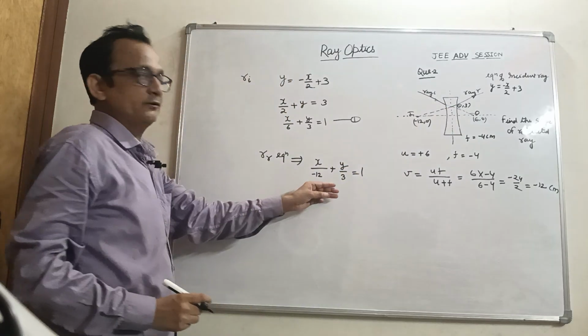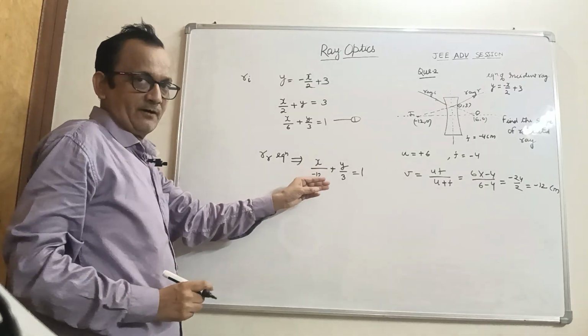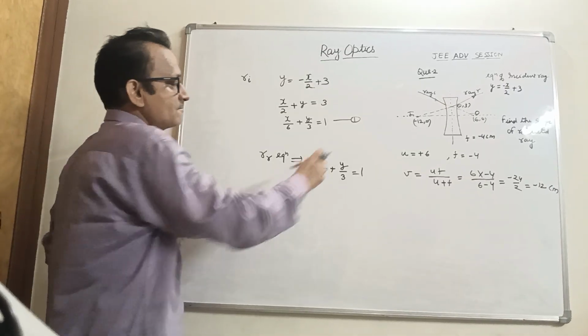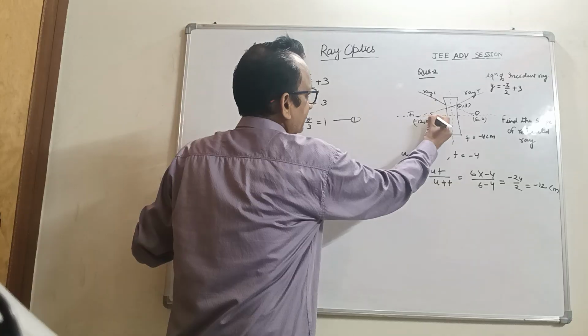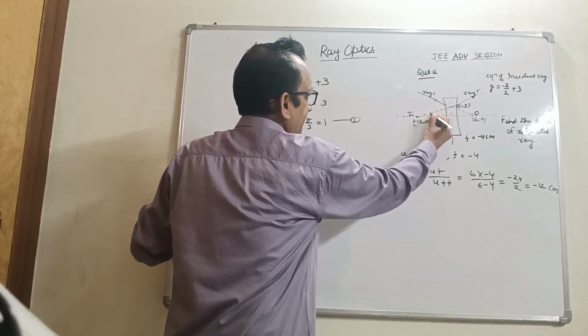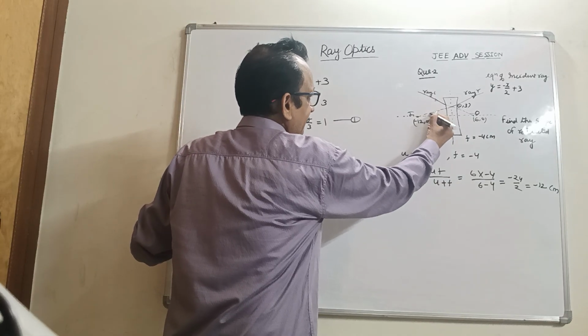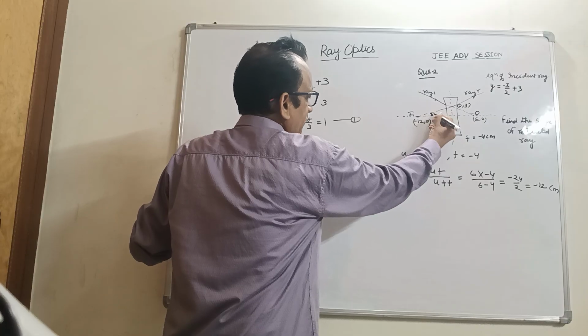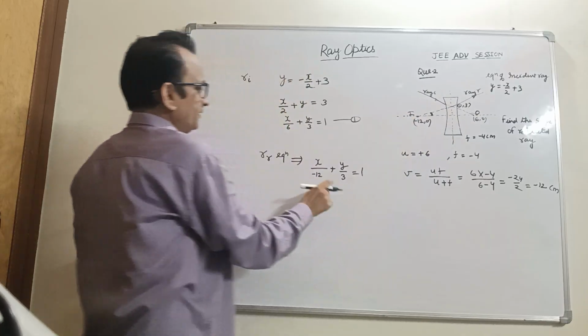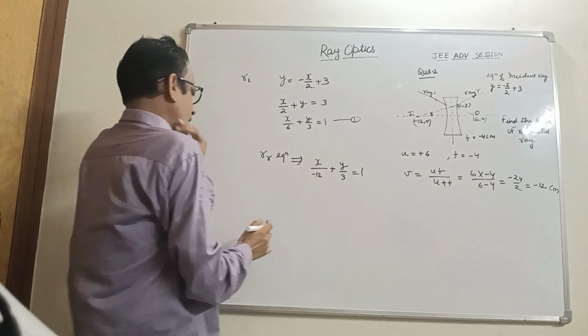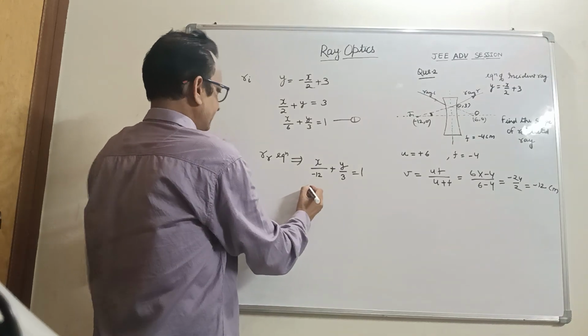This is the standard equation of a line, and this is the form of y is equal to mx plus c. Here the slope is positive. This is making an acute angle with the x-axis. The slope is positive. So rearrange.